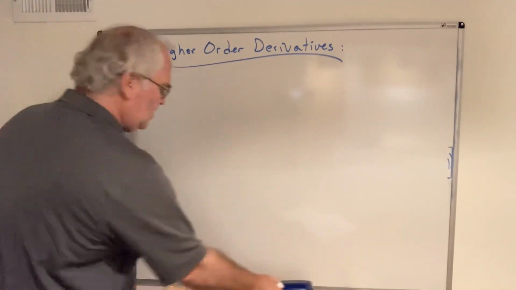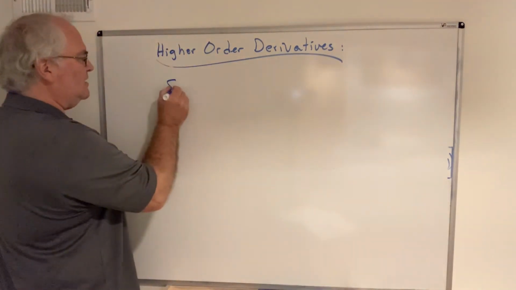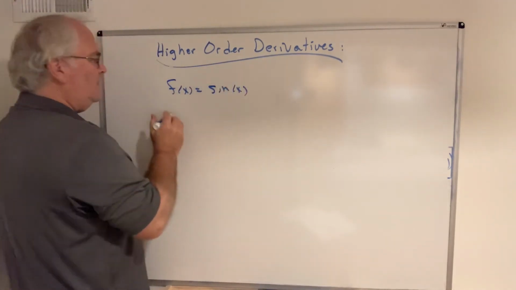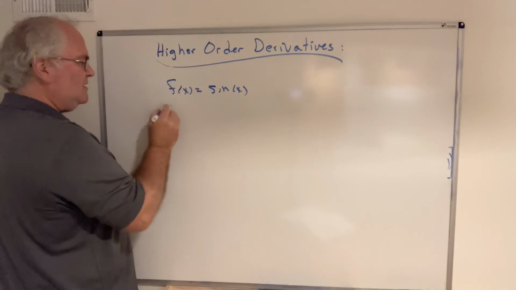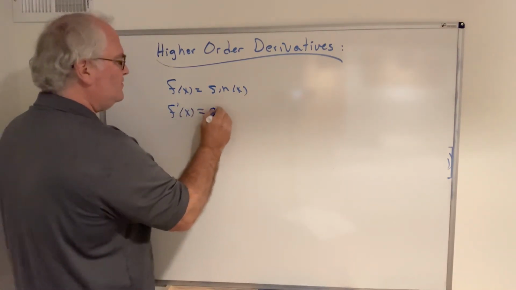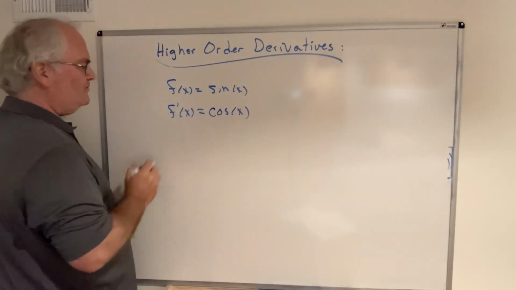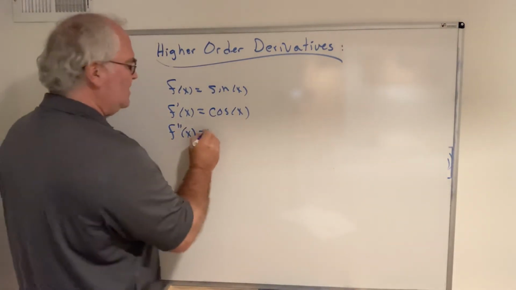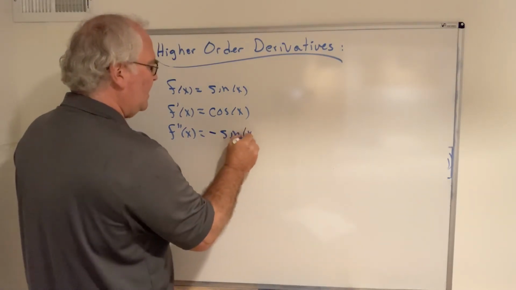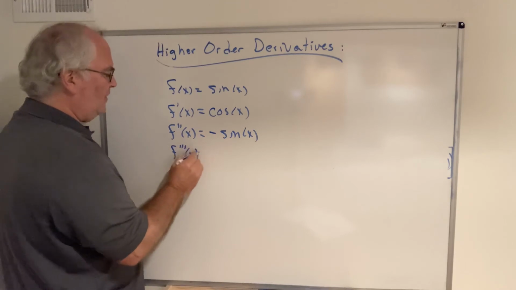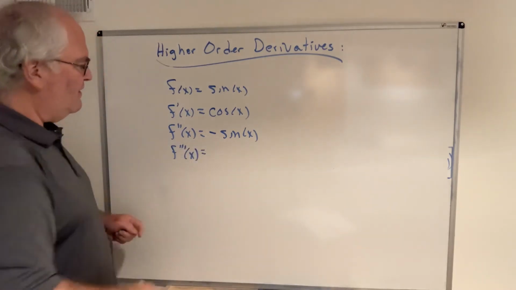Another thing that can occur is something like this. This is kind of a nice little cycle to work through. F is sine of x. F prime of x, derivative of sine, is cosine. Second derivative, the derivative of cosine is negative sine of x. Third derivative, the derivative of negative sine.